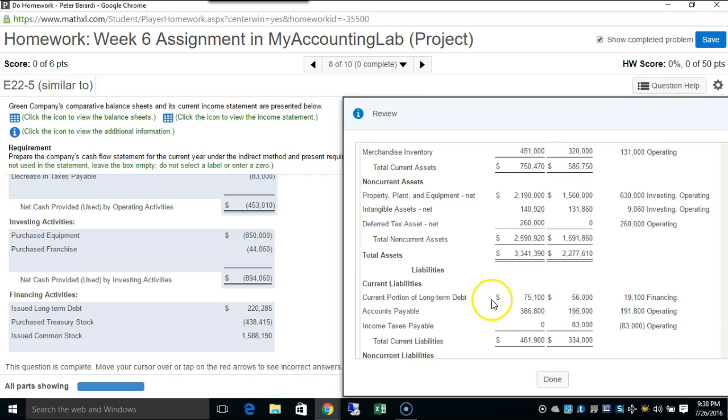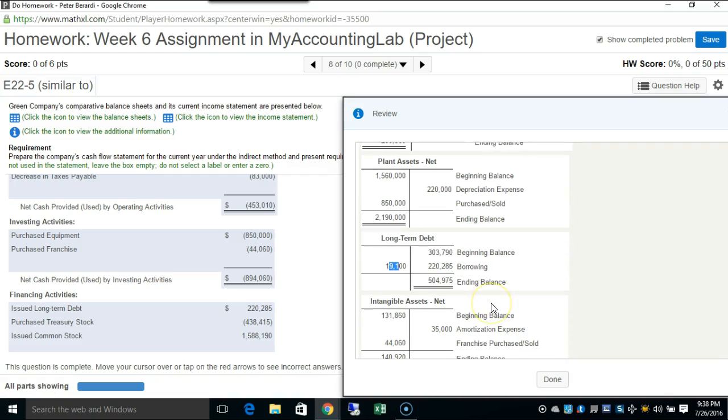The difference is $19,100. And to get to your ending balance of $504,975, you need to balance it with $220,285. So you have to work T accounts to do this problem.